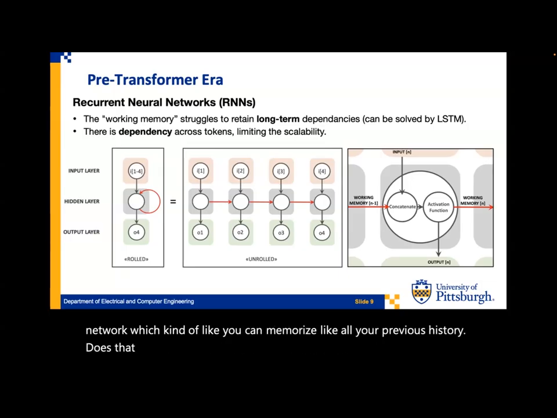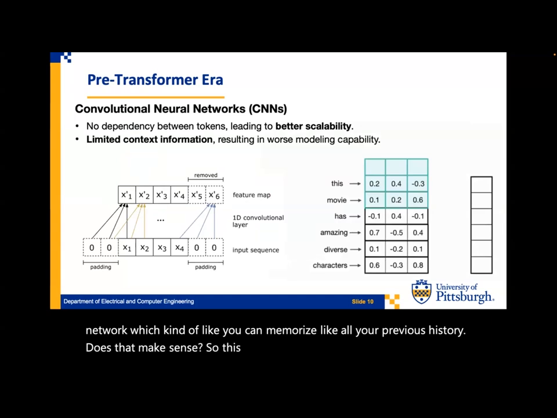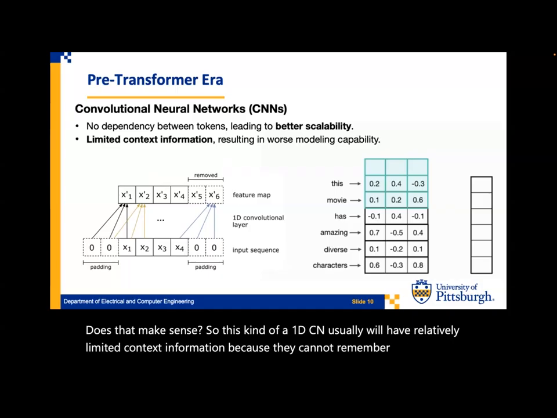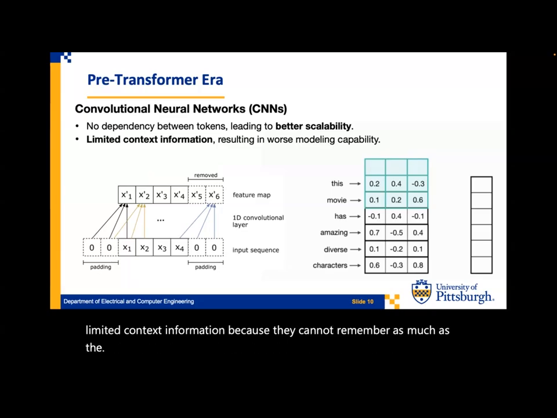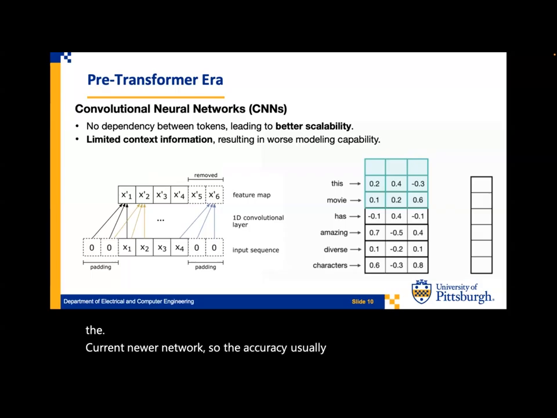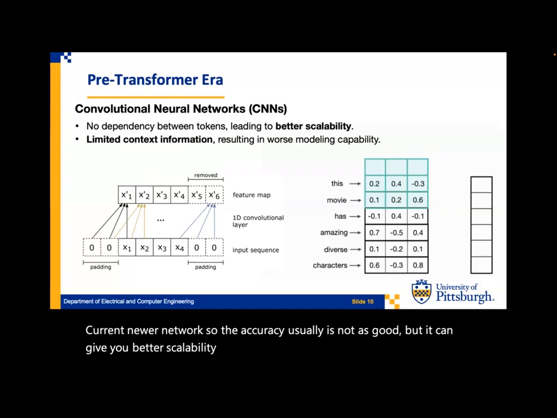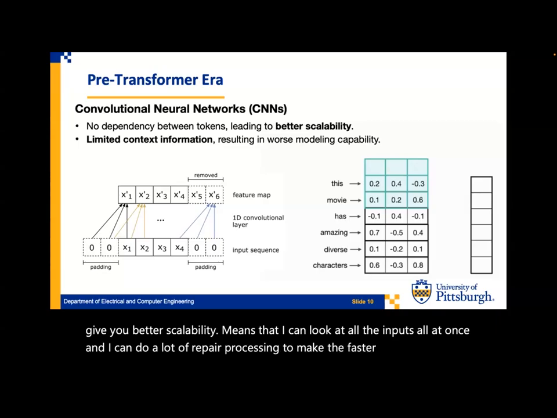So this kind of 1D CNN usually has relatively limited context information because it cannot remember as much as the recurrent neural network. So the accuracy usually is not as good, but it gives you better scalability, meaning I can look at all the inputs all at once and do a lot of parallel processing to make it faster. Okay, so these are just different pros and cons.